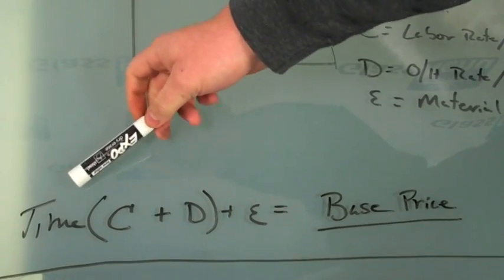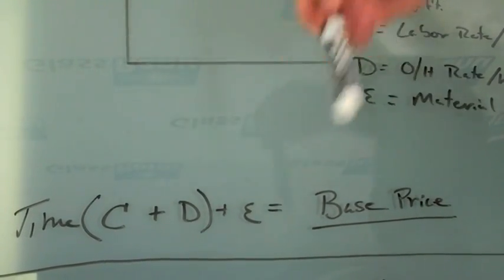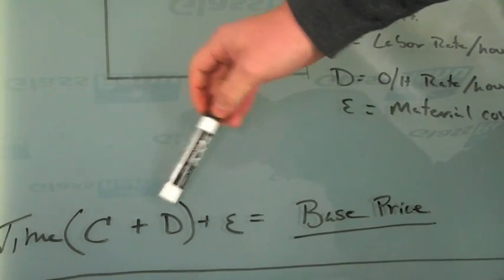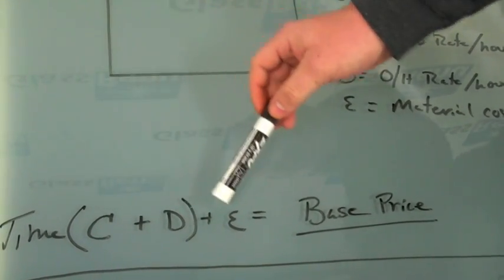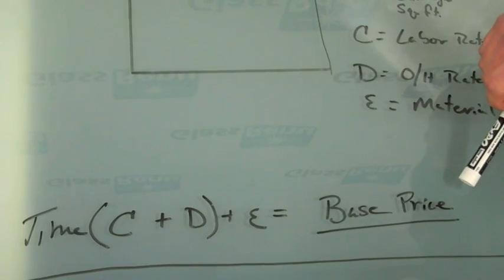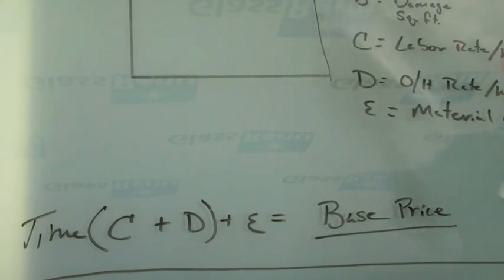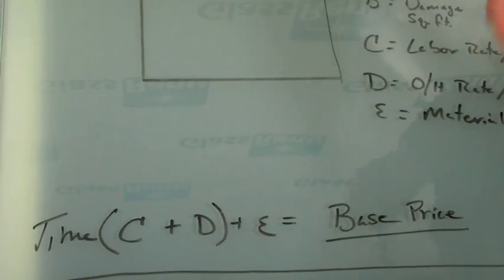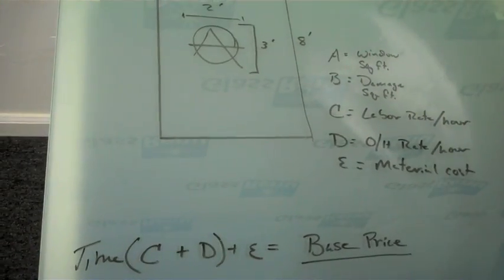So you're going to take the time, multiply that by your labor rate and your overhead rate combined, and then add on the material cost, and that's going to give you your base price. I'll go through a full quote on this job in just a second, but I want to carry through to the rest.